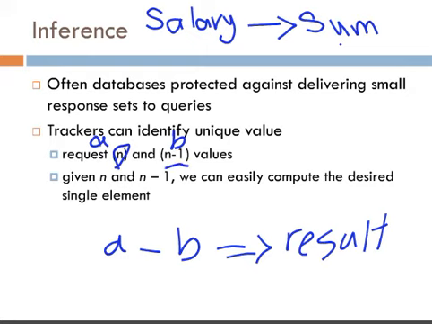If you compute the sum of salaries of n persons, n clients in a company, which gives A, and then you compute the sum of salaries of n-1 persons, which gives B, and then you compute A minus B, you will deduce the salary, for example, of one person in this company. You can compute the information.